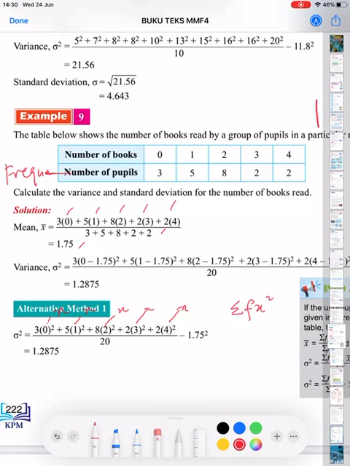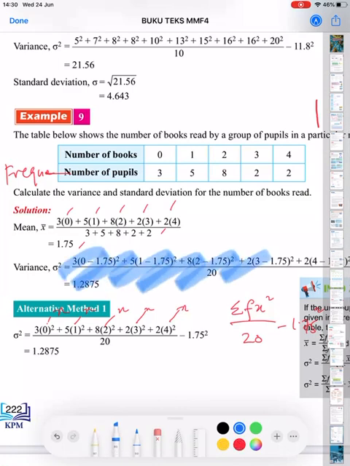Then divide by 20, minus the mean just now, 1.75 squared. So you'll get 1.2875. Usually it is much easier to use this alternative method compared to the first one.